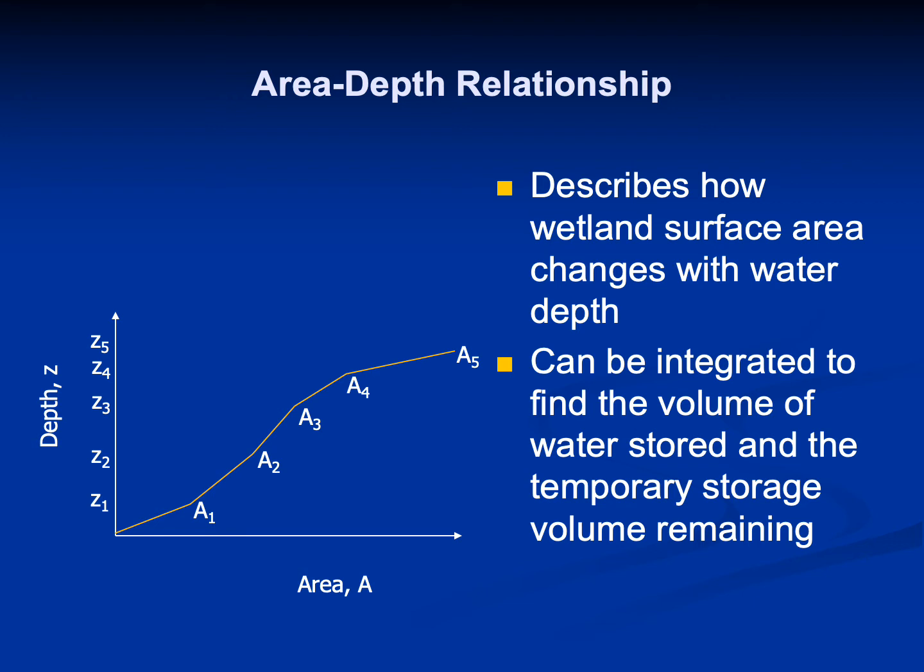This is a graph or table describing the flooded area of the wetland, shown here on the x-axis, as a function of the water depth in the wetland, shown here on the vertical axis. As the water gets deeper, it expands out to cover a greater land area. This relationship can be integrated to find the volume of water stored at any point in time and the remaining storage capacity.